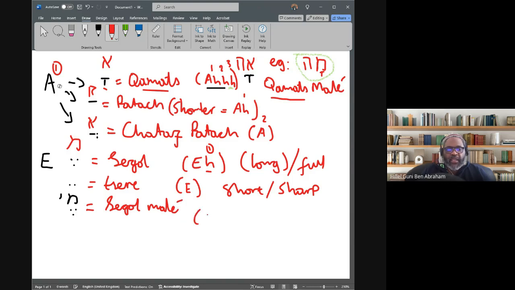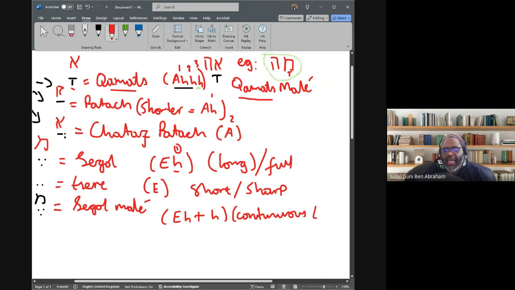So that means a complete segol is an E sound, which is long, plus another H. So it becomes me, and this last H is swallowed in the yud. It almost sounds like a may, but it's not a may, it's a me. We're going to call it a continuous air.